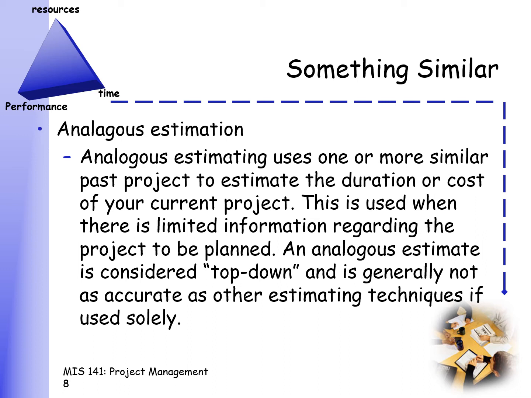You know from before that you constantly be doing your hackathons, for example, and you know that a hackathon before takes you 10 months to prepare. So you're going to use that same 10 months as a basis for the schedule of the current hackathon that you'll be doing this year. So that's what you call analogous estimation.